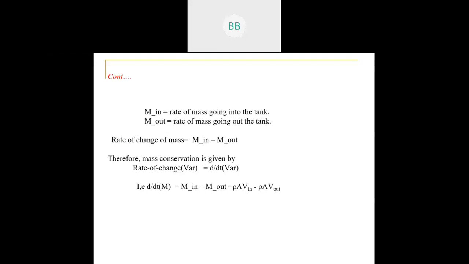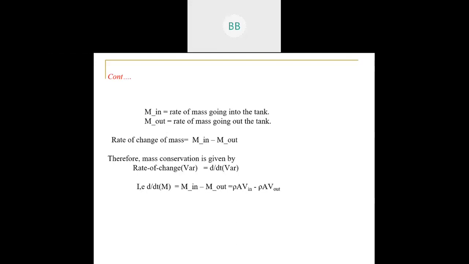So the rate of change in mass is given by min minus mout, and the mass conservation principle is given by: the rate of change of a variable is equal to the differentiation of the variable with respect to time. That is, d by dt of m equals min minus mout. This is how we derive a simple math equation that can be solved by writing a program.